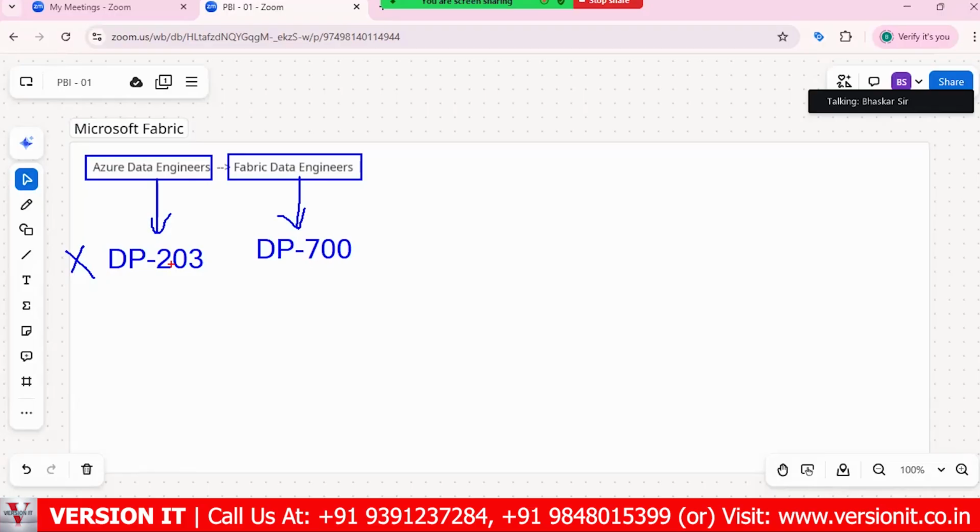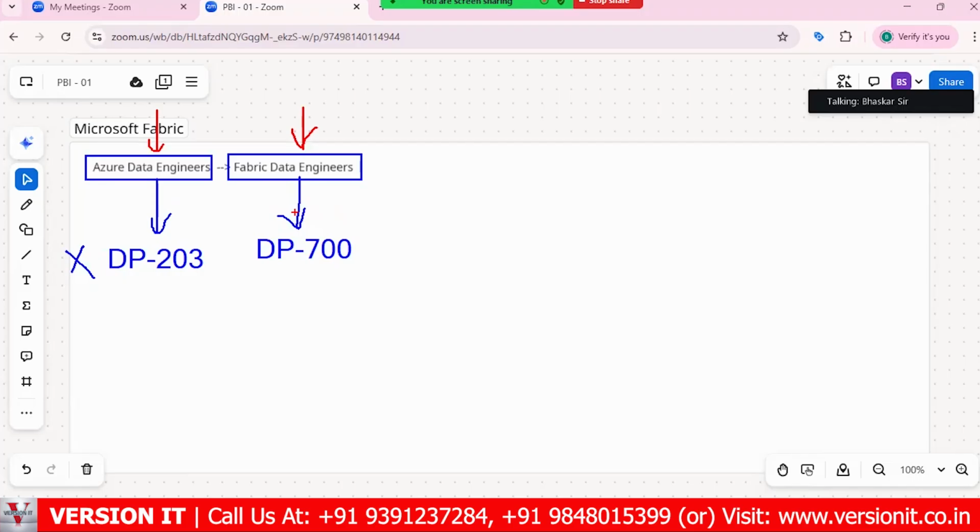I feel personally there will not be many differences, but from a working point of view, there may be slight differences, and the platform will be different. They reduced many administration activities when you compare the Azure Data Engineer role and the Fabric Data Engineer role.